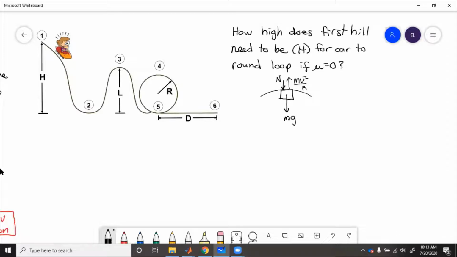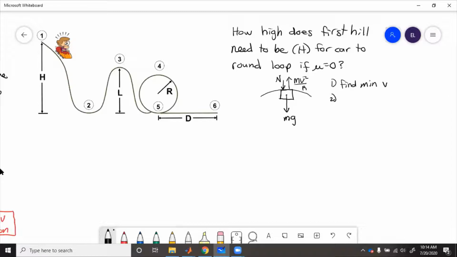As the car is going faster and faster, it pushes harder and harder into the surface and the normal force will increase. If the car is going slower and slower, the normal force decreases until the car is going so slowly that it just falls. So the point when normal force equals 0 is the minimum speed that the car needs to be going to round the loop. First, we need to find the minimum speed.